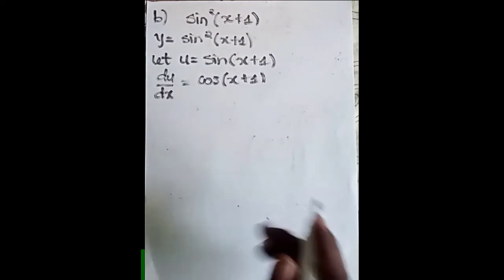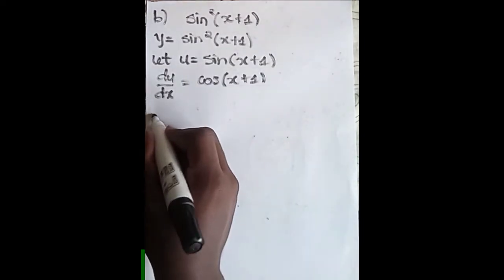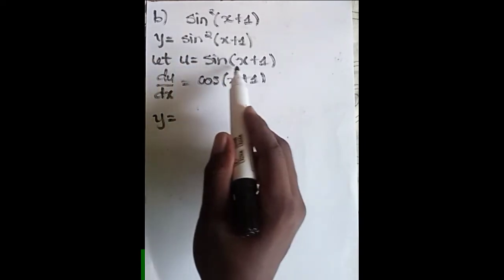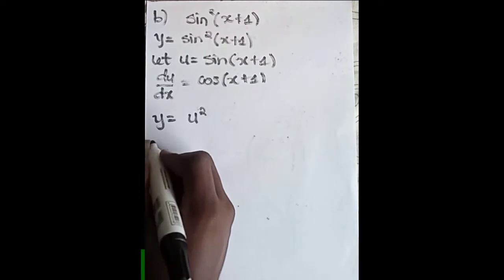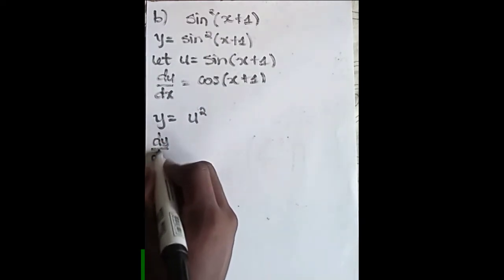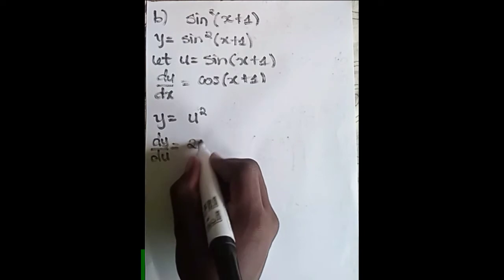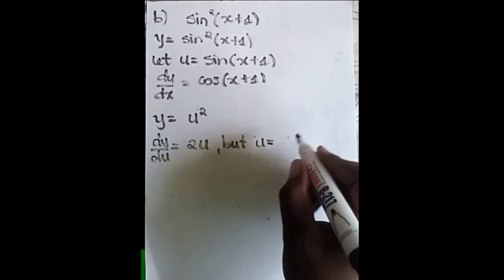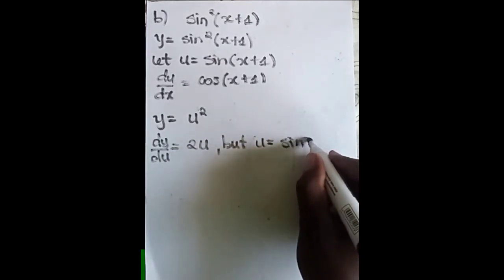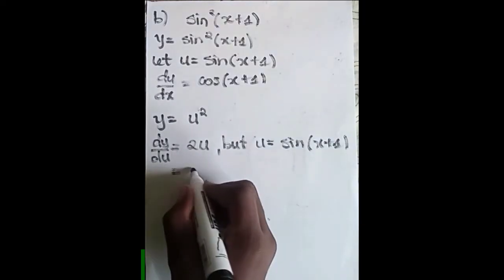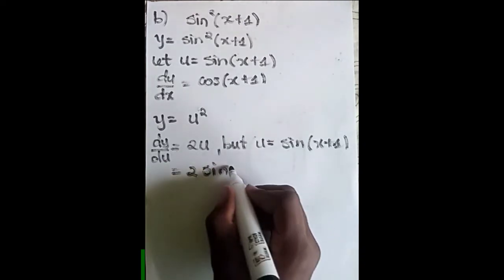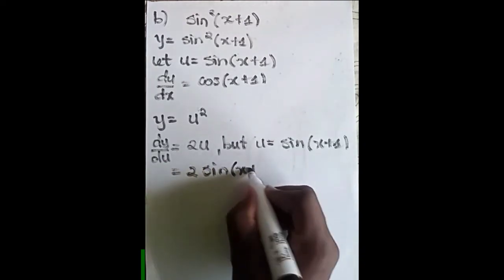Now we write back the equation: y equals u squared, since we said let u be equal to this. Differentiating dy/du, I'm going to have 2u, but u is equal to sin(x plus 1), so this equals 2 sin(x plus 1).